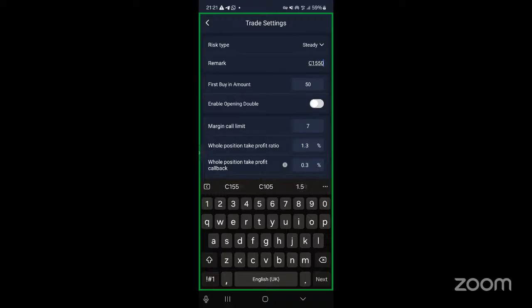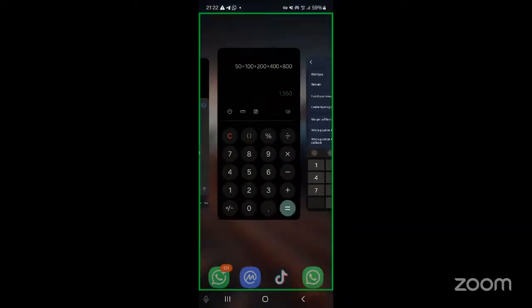First buying amount $50. Okay. Bearish. How many margin calls? 4.